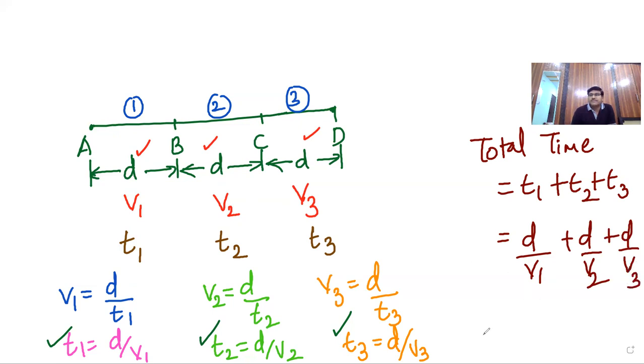The total time. Okay. What is the total distance? Total distance is D, D, D, 3 equal distances. Total distance D plus D plus D, 3D. Total time we got, total distance we got. What is the average speed?